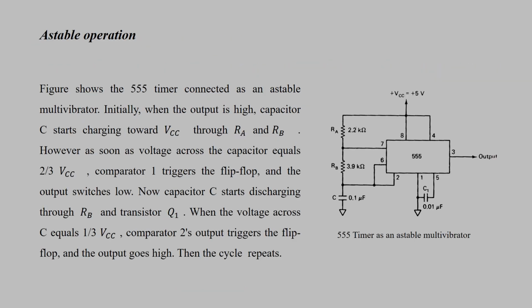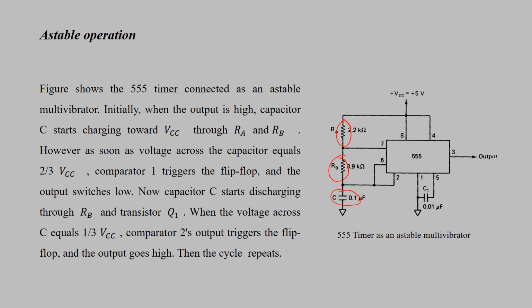The figure shows 555 timer connected as astable multivibrator. Initially, when the output is high, the capacitor C starts charging towards plus VCC through RA and RB. However, as soon as the voltage across the capacitor equals 2/3 VCC, comparator 1 triggers the flip-flop and output switches to low.